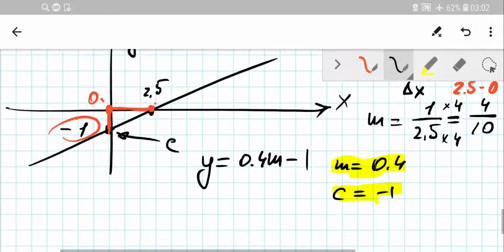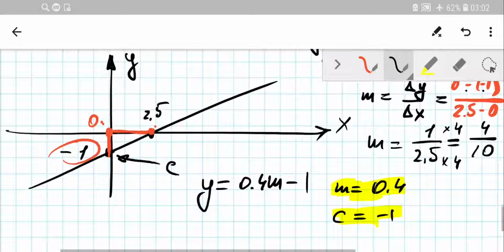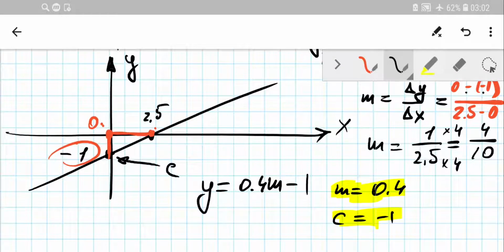Okay, so what other possible questions might be connected with lines? We actually saw that we can determine the y-intercept. But what about the x-intercept? How to determine it? So let's try to do it for this particular line.